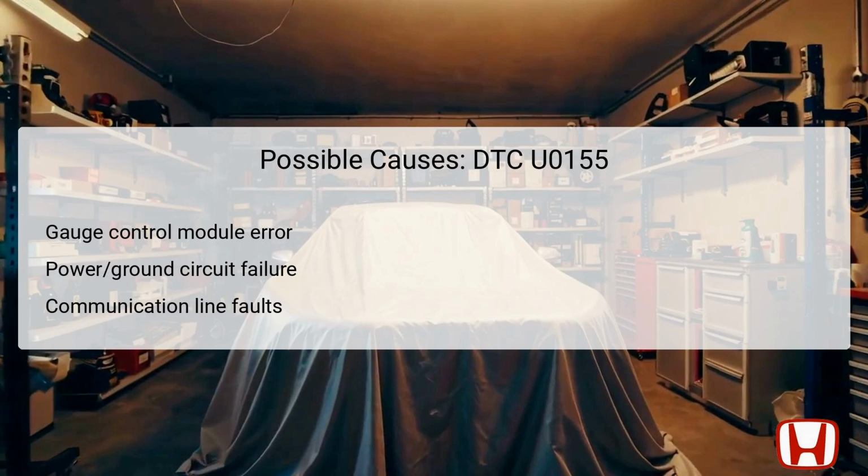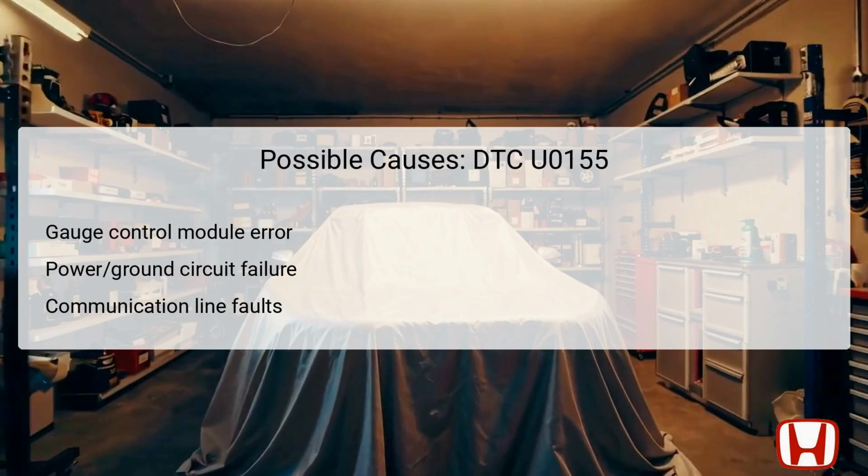Understanding the possible causes of DTC U0155 is essential for effective troubleshooting. One reason this code may appear is faults within the Gauge Control Module itself, which could prevent it from functioning correctly. Another critical cause could be failures in the power or ground circuits supplying the GCM. Without a proper supply, the module cannot operate effectively.